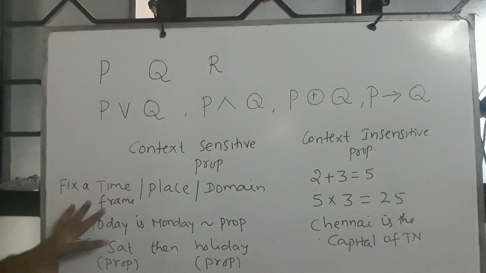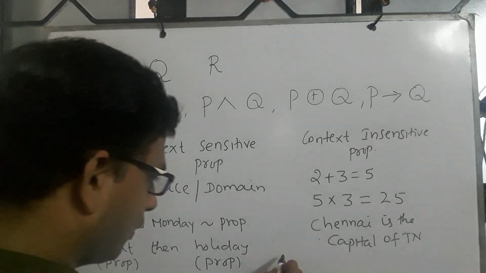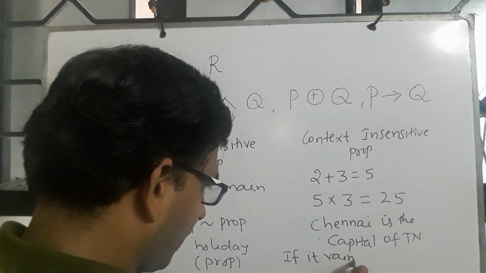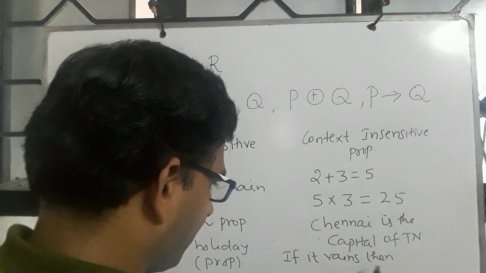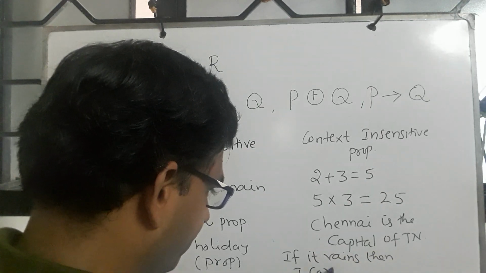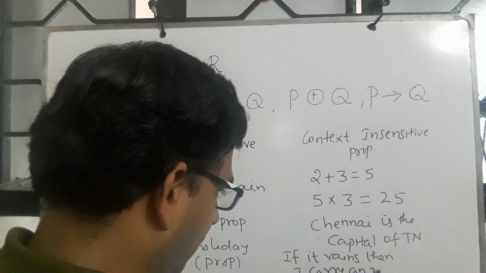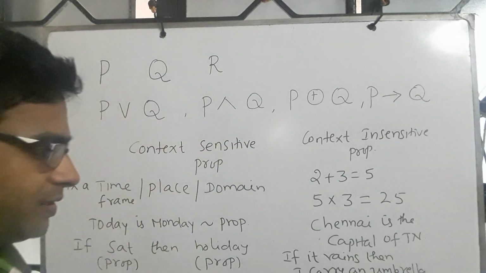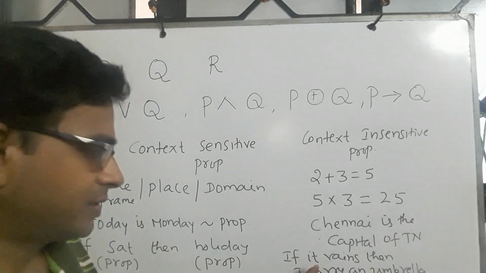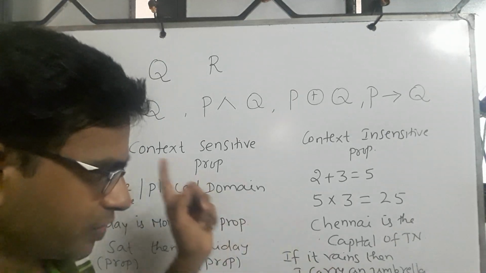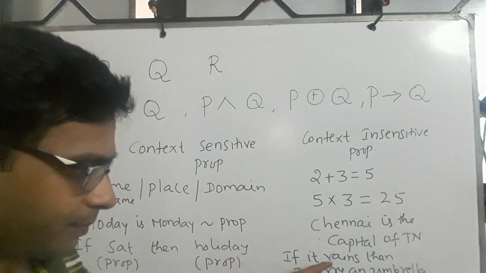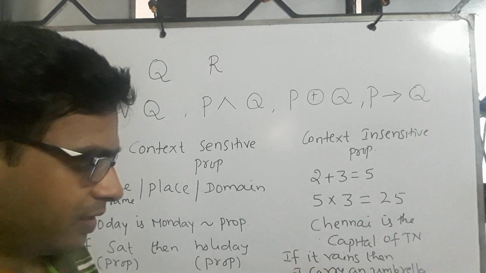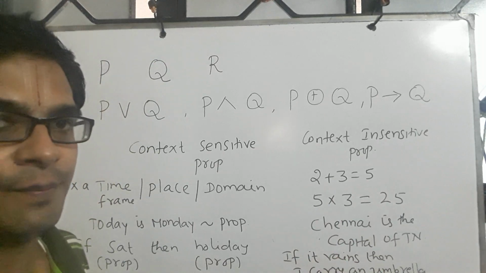Similarly we also discussed if it rains, then I carry an umbrella. So when I look at the statement, if it rains, it is raining outside, so the context is fixed, the place is fixed, and it is a proposition, and then you say I carry an umbrella.